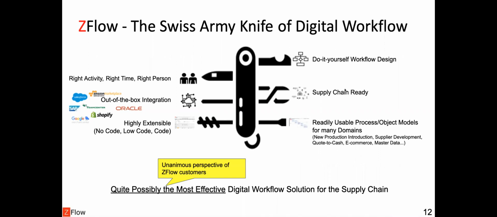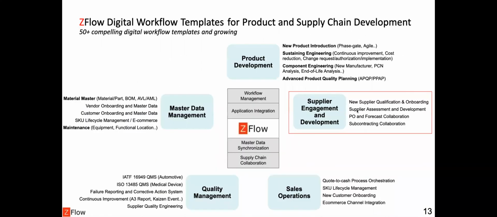So we believe we have everything that is needed to make it a part of your supplier development or engagement strategy. We'll see how it brings together all those elements. Again, we do support a lot of different cross-functional workflows.